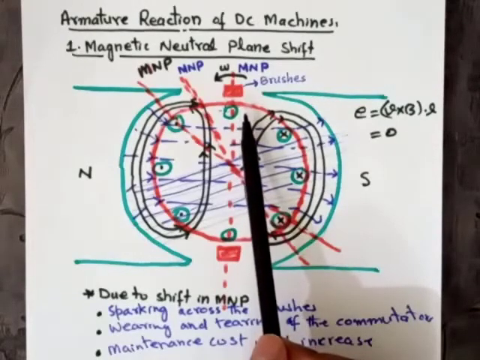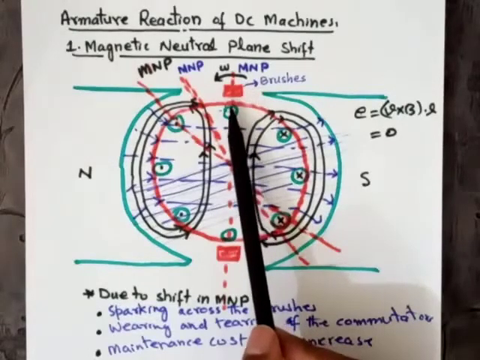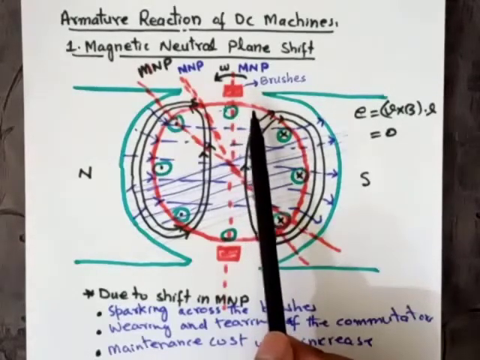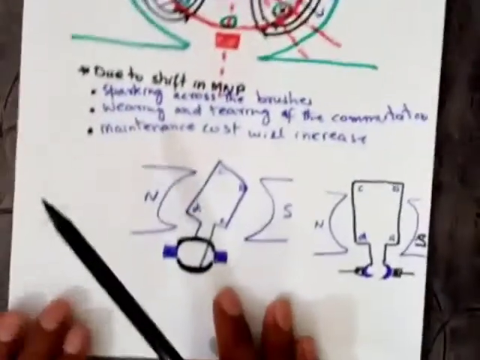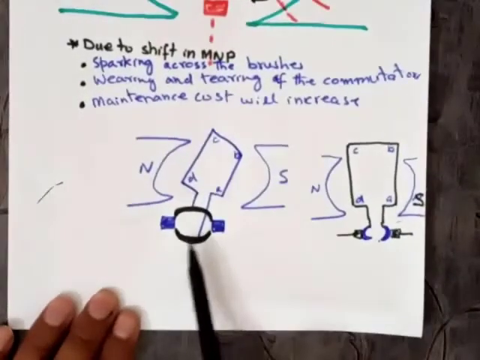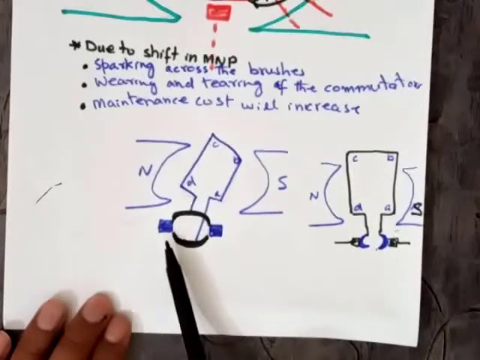Because the brushes are connected with the commutator segments, due to sparking the commutators are going to get damaged. As you can see in this figure, the commutator segments are connected with the brushes.